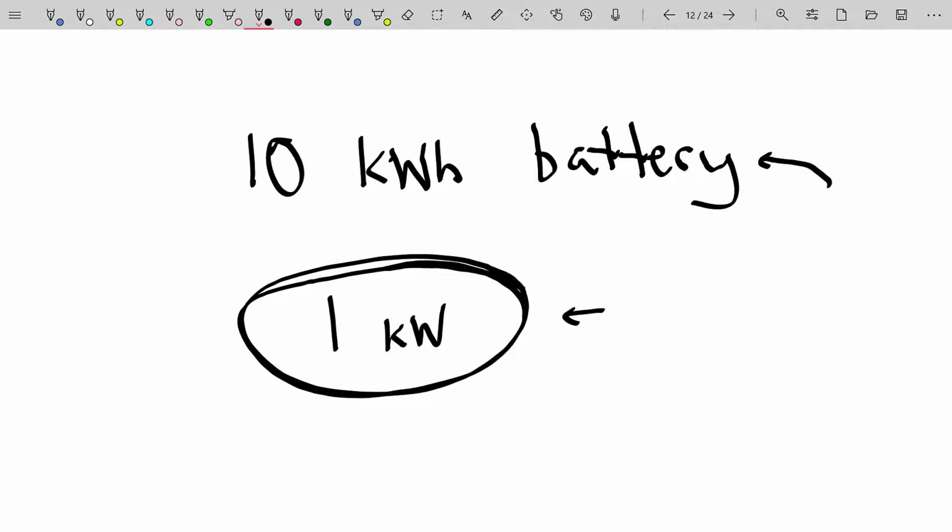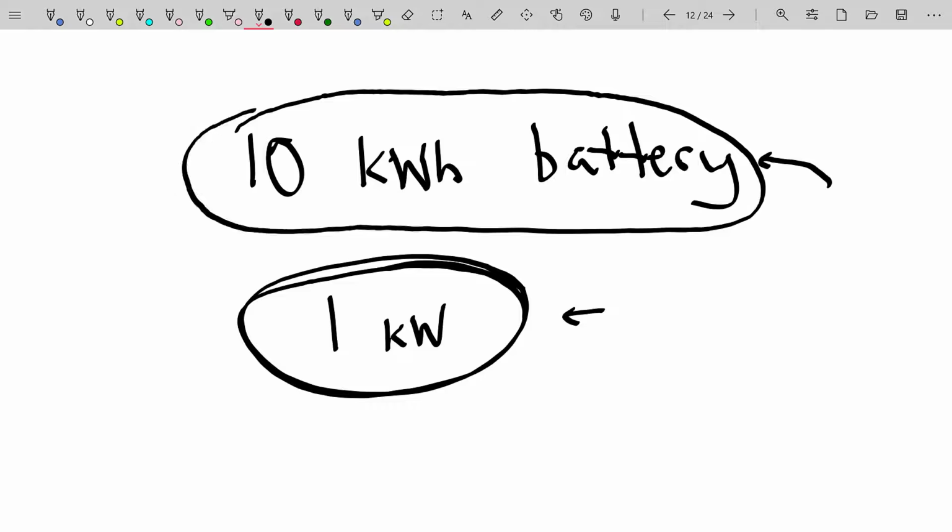Now, there are a lot of things that an energy expert will tell me are completely wrong about what I just said. One being that no system is perfect. You will have an amount of loss just due to resistance in wiring and circuitry. And so therefore, that 10 kilowatt hour battery will not actually deliver 10 full kilowatt hours.